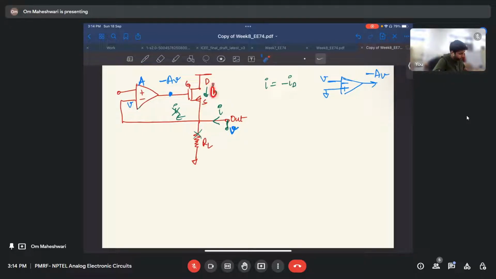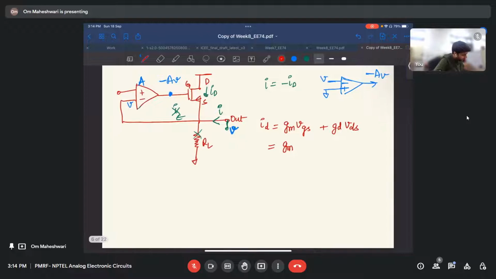So now we can find ID. We'll apply the small signal equation: ID equals GM VGS plus GD VDS. So what will VGS be?